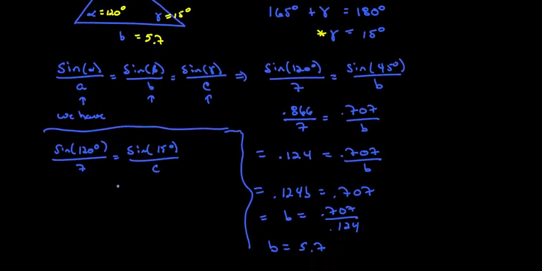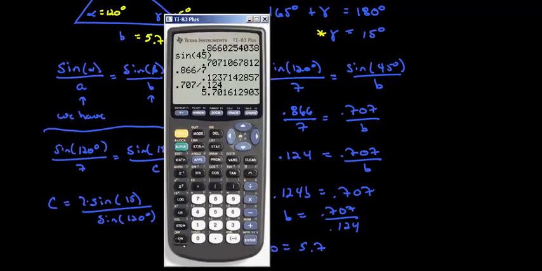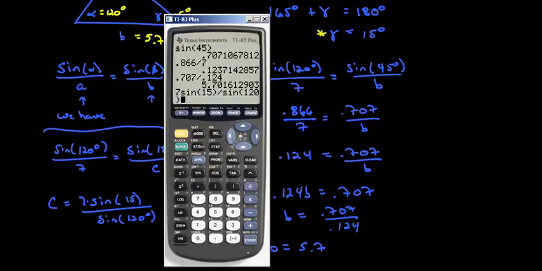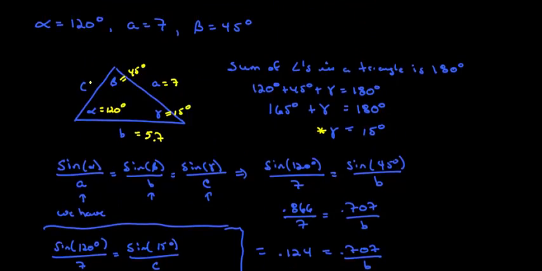Again, solving, I'm going to do this one a little bit differently. c is equal to the sine of 15 times 7 over the sine of 120, which helps reduce some of the error. So 7 times the sine of 15 divided by the sine of 120 gives me a length of about 2.09. So this is 2.09.